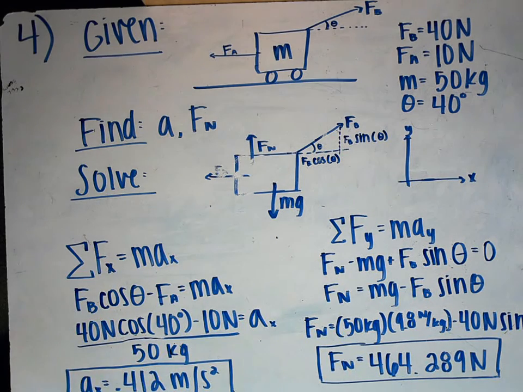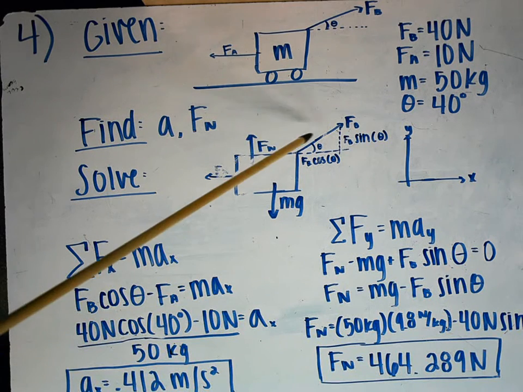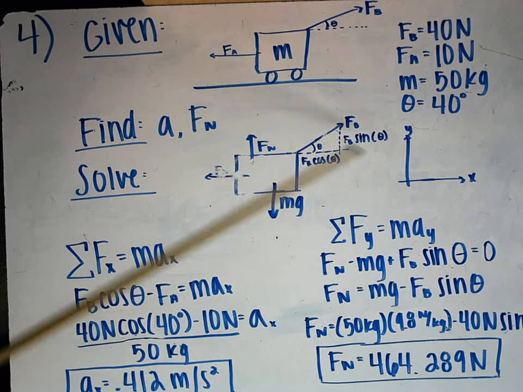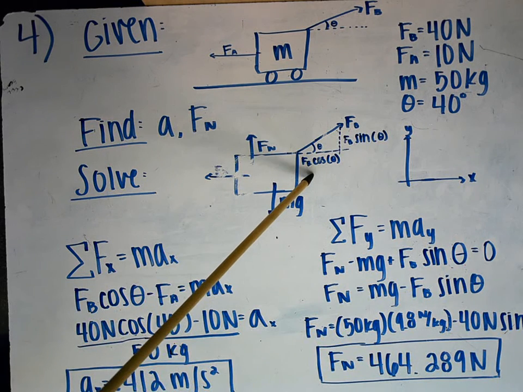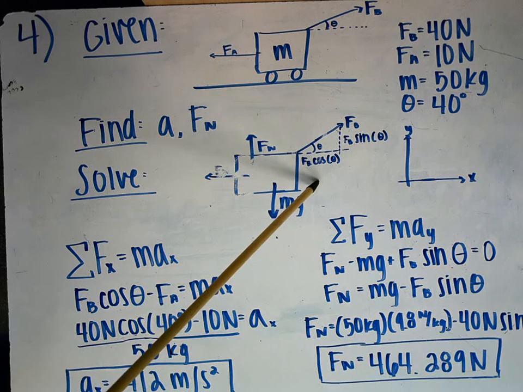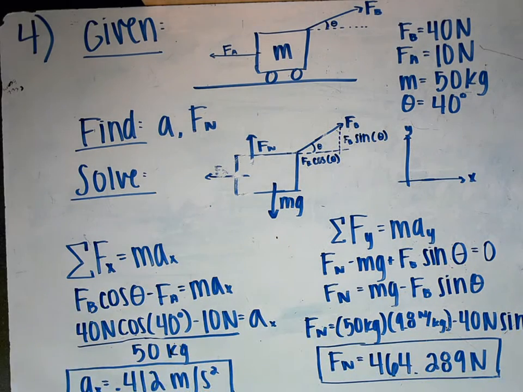They did that very nicely. And then look, this force and this force are lined up with the Y axis, but this force is at an angle of theta, 40 degrees actually. And so you have the X component and the Y component of that force, B. Okay, does that make sense to everybody? All right.